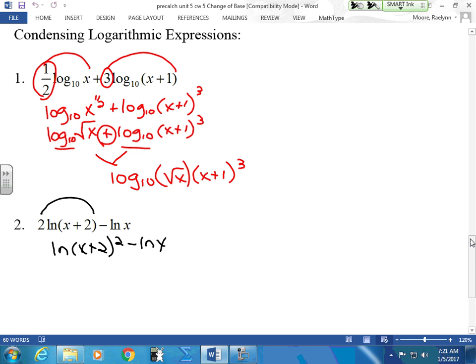And when I was subtracting exponents, what was I doing to those bases? Dividing them. So this comes into one term, and it just becomes a divide. Okay? Not so bad, right? Okay.